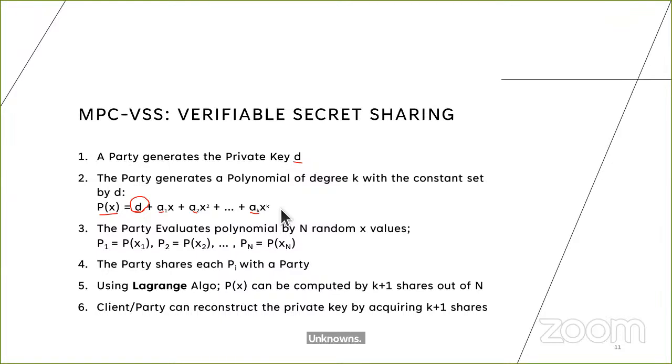Okay, so the dealer party has generated this polynomial, but it doesn't share the coefficients with other parties. Let's say we have n parties in the MPC network.